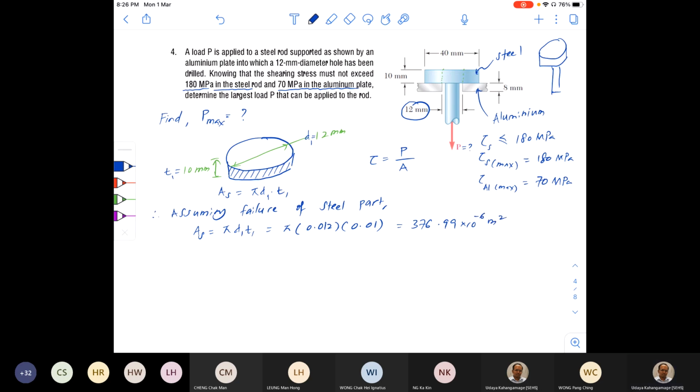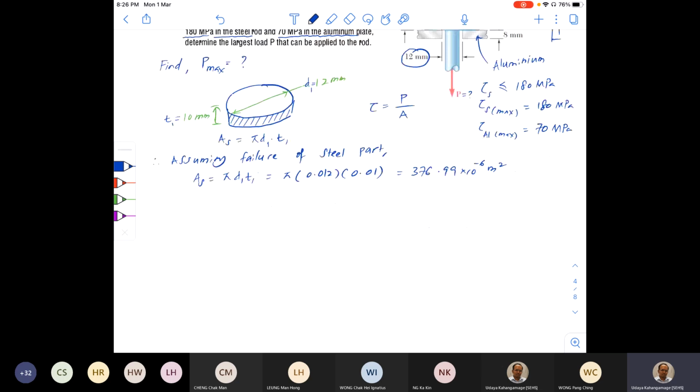We can see that the steel pin fails when tau is equal to tau max, that is, when the force P is equal to P max divided by AS.